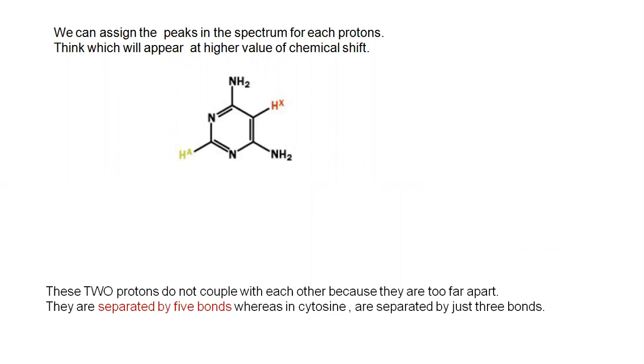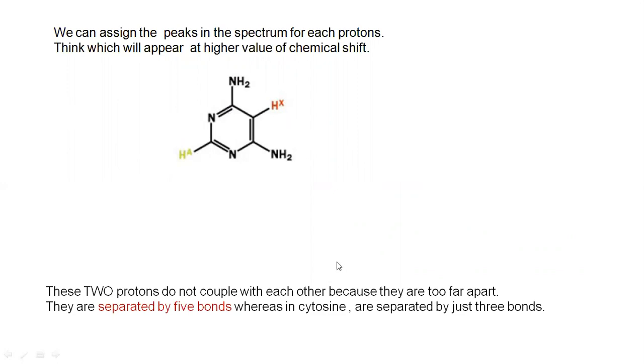Now see, this compound is again the same, a pyrimidine. So now we will discuss why these two peaks, for HX and HA, are singlets, not doublets, not coupling.